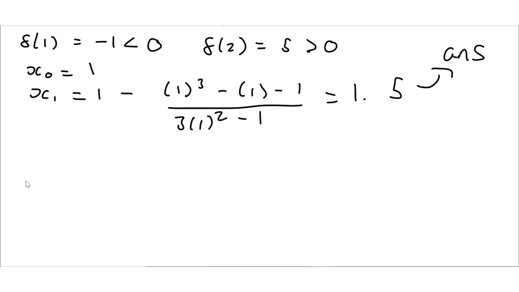Of course you can do this calculation in your head, but do it on your calculator for this reason. It's so that when we want to find x2 now, we can just type into our calculator.